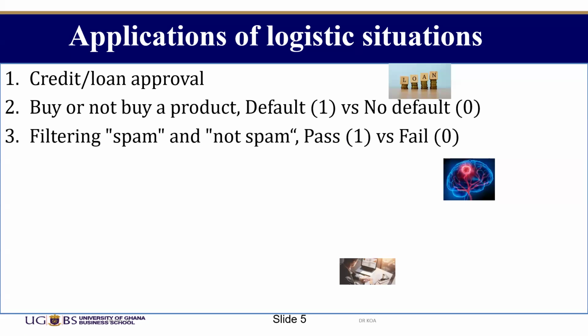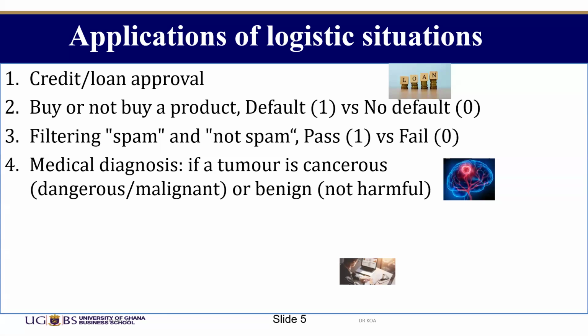It is because of a certain algorithm that has been put into the memory of the emailing system to be able to detect spam. There are some keywords, so once the person uses those keywords in the email, like buy, sell, and things like that, it is flagged. That is a binary situation and requires a logistic model.